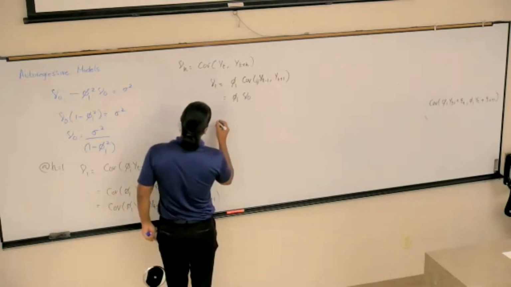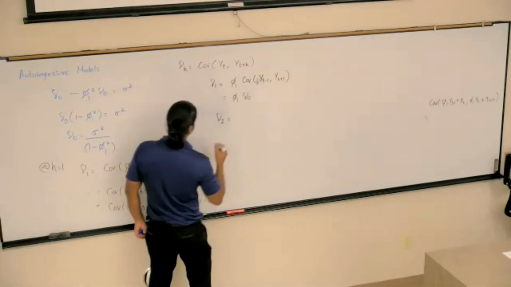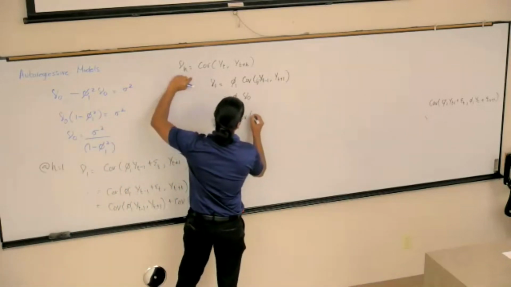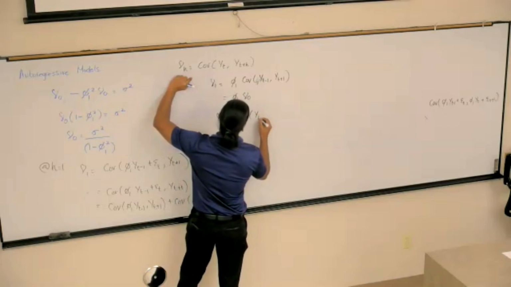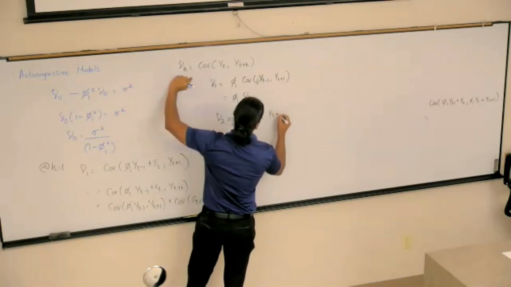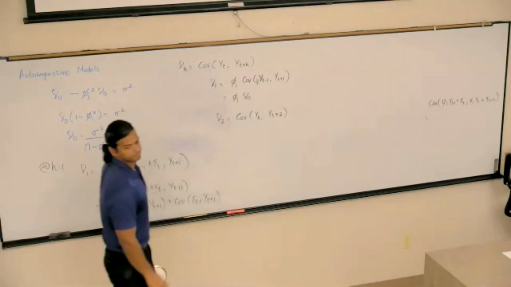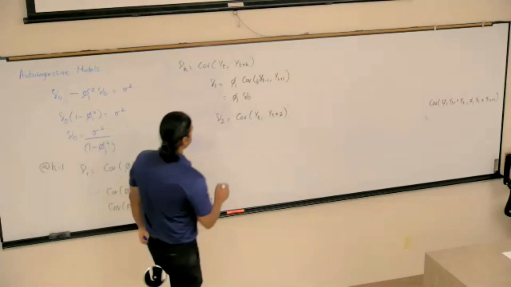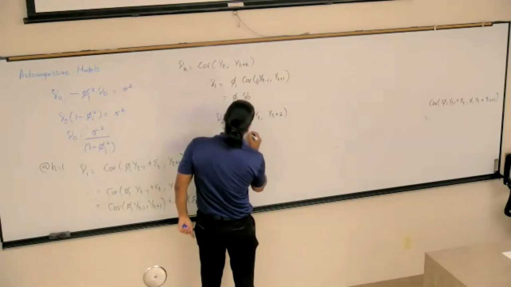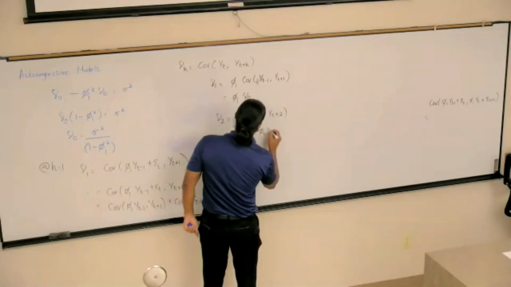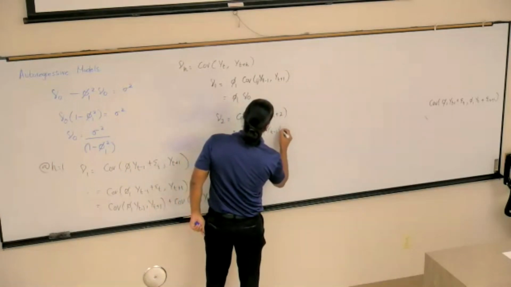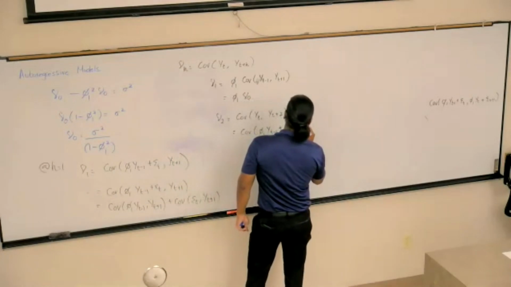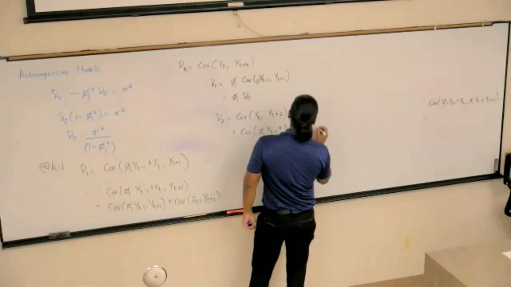So if I go to gamma 2, gamma 2 is the covariance of yt, comma, yt plus 2, which is the covariance of phi1 yt minus 1 plus epsilon t, comma, yt plus 2.